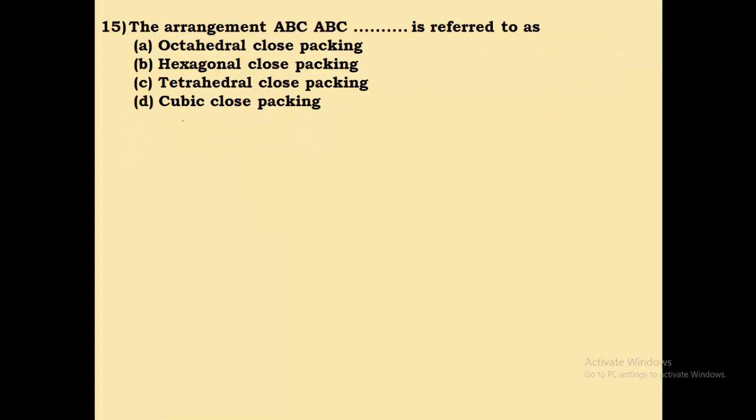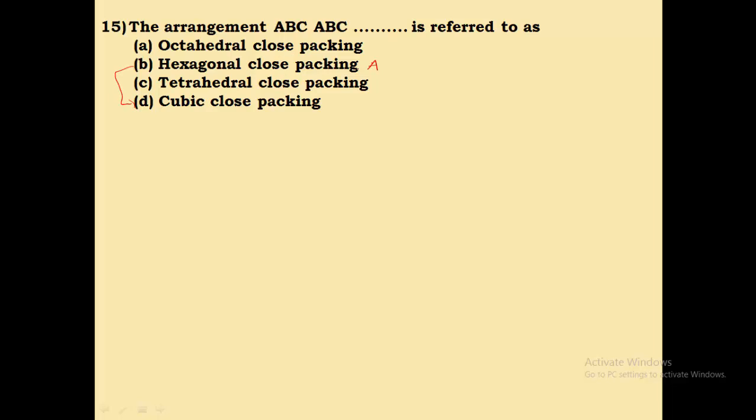Next, 15th one, the arrangement ABC is referred to as octahedral close packing, hexagonal close packing, tetrahedral close packing, cubic close packing. Okay, so as you already know, you have learned two types of close packing: hexagonal close packing and cubic close packing in 3-dimensional.